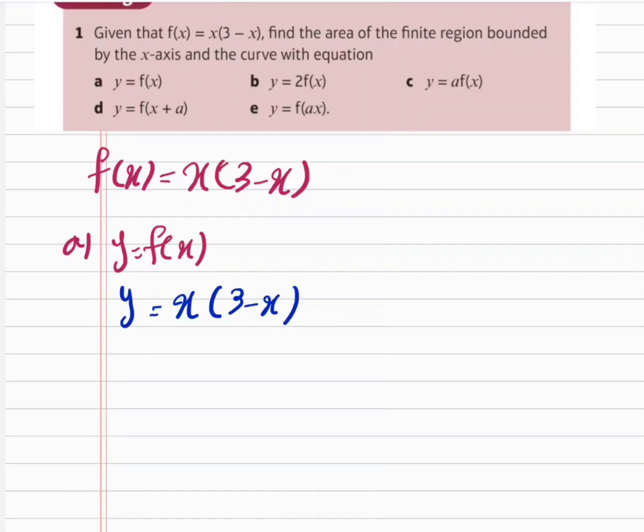We can first sketch this curve. We have a very simple quadratic, and the roots are 3 and 0. Since this quadratic is negative, it's something like this.